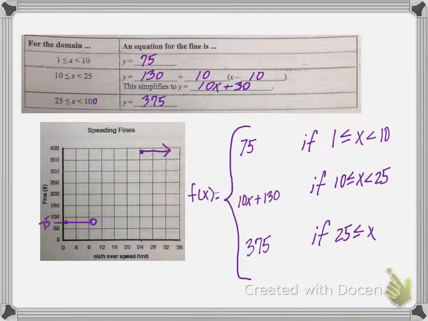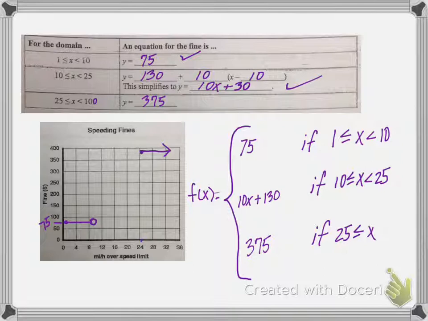So here's our summary. Again, for the domain, at least 1 but less than 10, it is y equals 75. For the domain of at least 10 but less than 25, we simplified that equation to 10x plus 30.